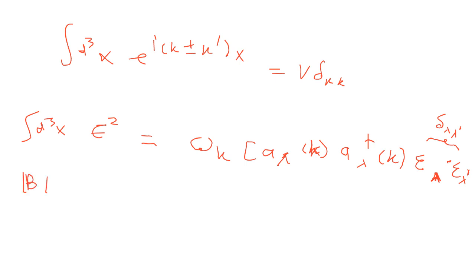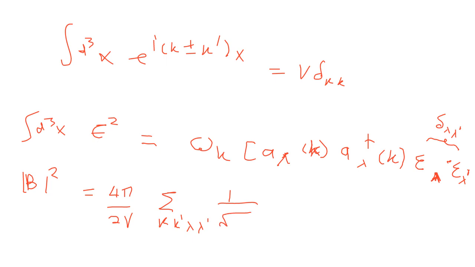And you do the same thing for B squared. The final expression for B squared gives you 4 pi over 2V, sum over k, lambda. You are repeating the same computation. This is a very long computation, but the final answer is very simple.